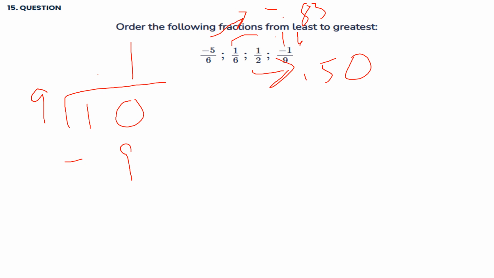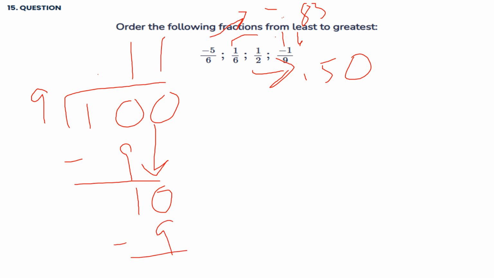We subtract 9 from 10, gives us 1. We want to get at least 2 numbers after the decimal. So we add another 0, bring that down. 9 can go into 10 one time. And it's just going to keep going on and on. So we have negative 0.11.